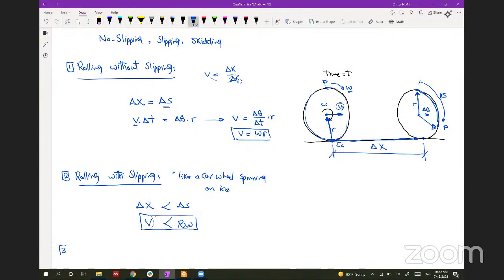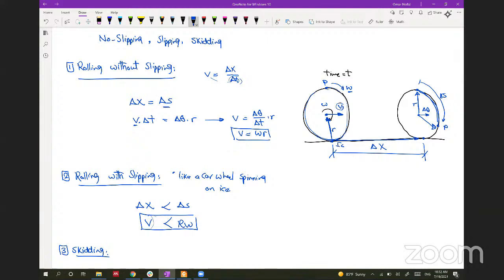So what is the opposite of this? It is skidding. For skidding, there's no spinning, like when you are on brakes going down the hill, and your car keeps sliding on the surface going down without doing any rotation.